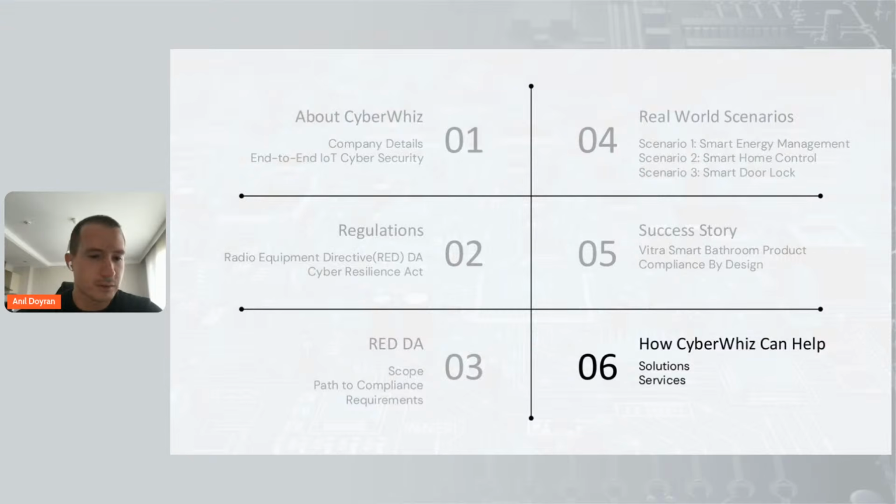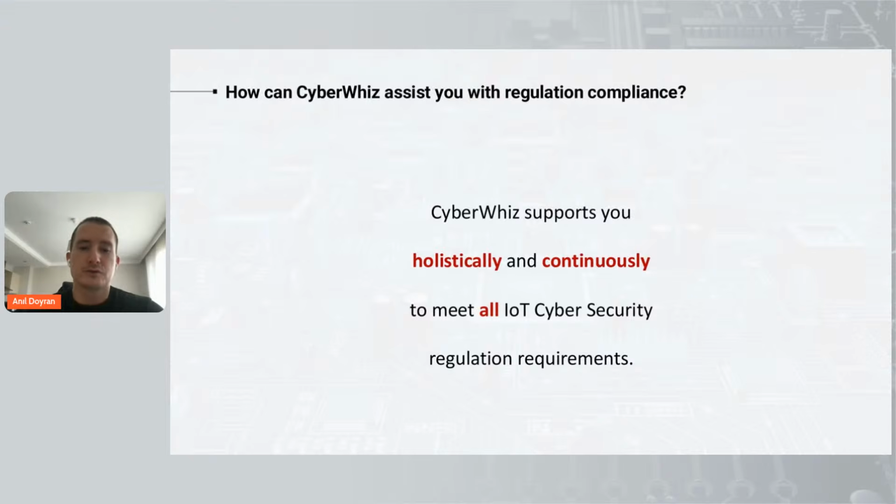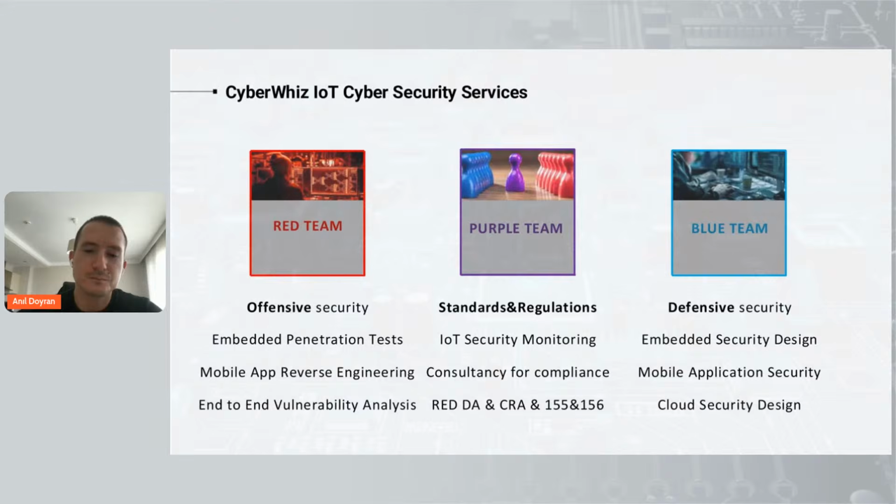I will talk about the solutions and services we provided. As I said, CyberWhiz supports you holistically and continuously, which is very important for CRA, to meet all IoT cybersecurity regulation requirements. We developed these technologies under three different teams. It's a common color convention in the cybersecurity field.